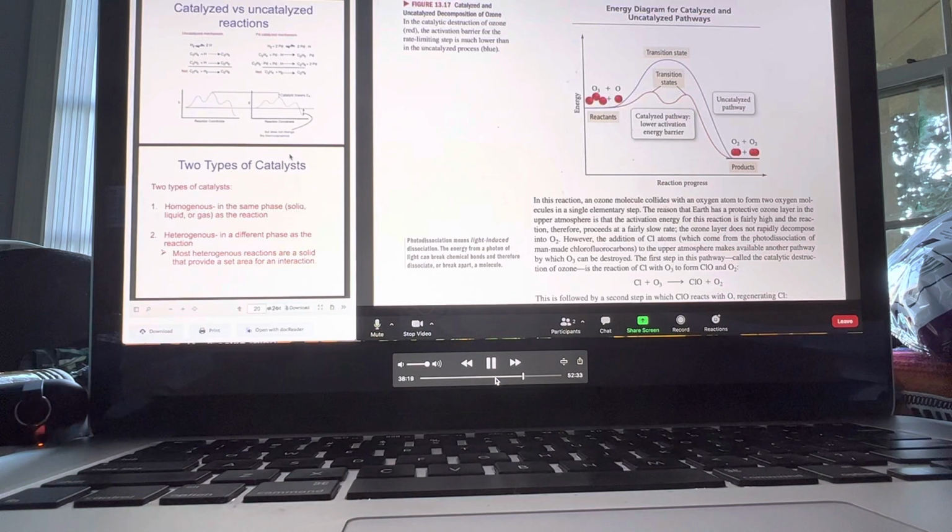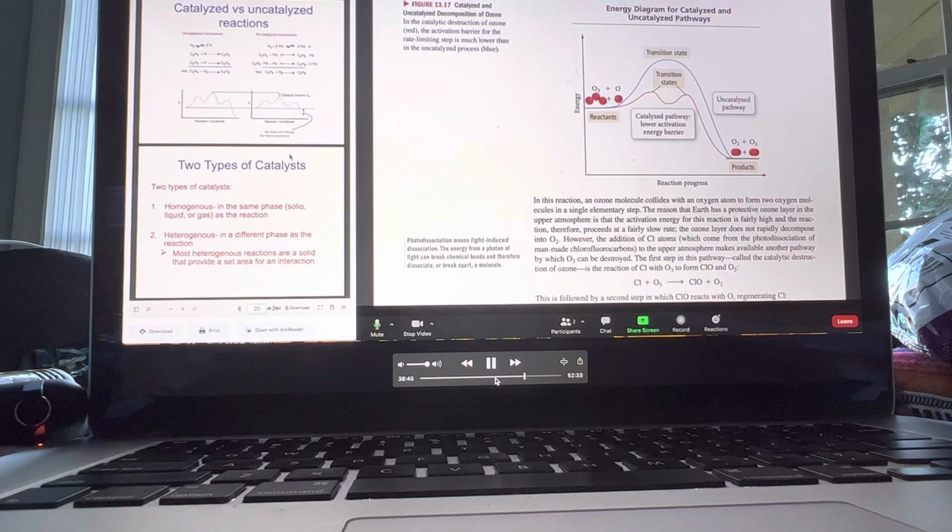The activation energy is the peak of the graph. Oh, okay. So the peak of the graph minus the reactants. So the distance between the peak of the graph and the reactants is your activation energy. So the activation energy is sort of like the barrier that the reactants have to cross before it gets to the product. So the higher the activation energy, the slower the reaction.